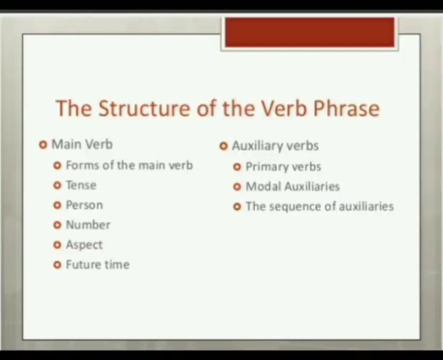The structure of the verb phrase, there are two: the first is main verb and the second is auxiliary verbs. Main verbs consist of the main verb's tense, person, number, aspect, and future time. And auxiliary verbs consist of primary verbs, modal auxiliary, and the sequence of the auxiliary.